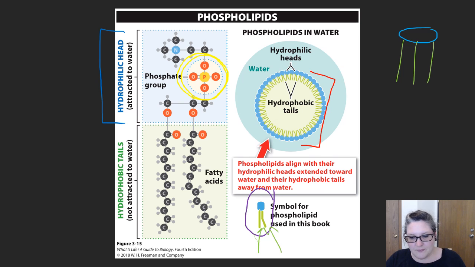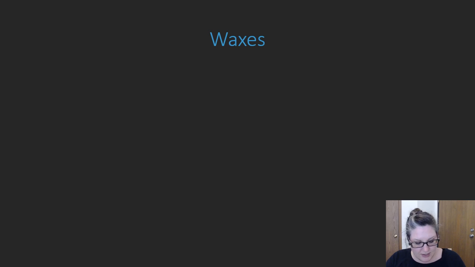So the final type is waxes. Now, waxes, you probably already know this, but waxes repel water. They are incredibly hydrophobic. They do not touch water at all. They don't want to be near it.